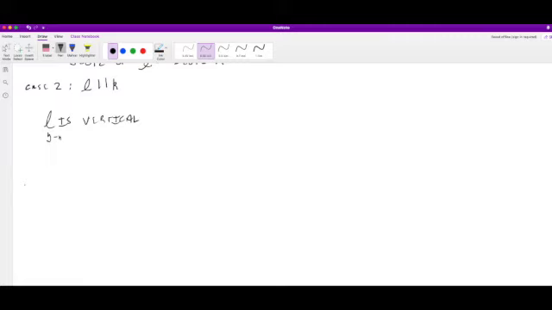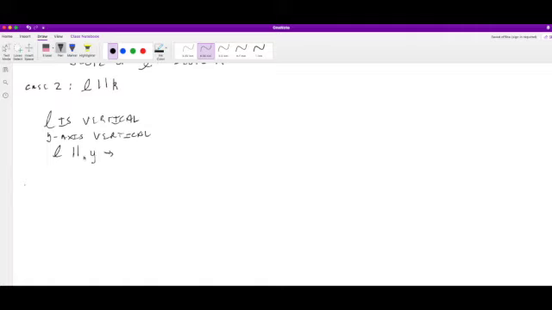We know that the y-axis, by definition, is vertical. And if we know that the y-axis is vertical and L is vertical, then we now know that L is parallel to the y-axis, again by that definition.